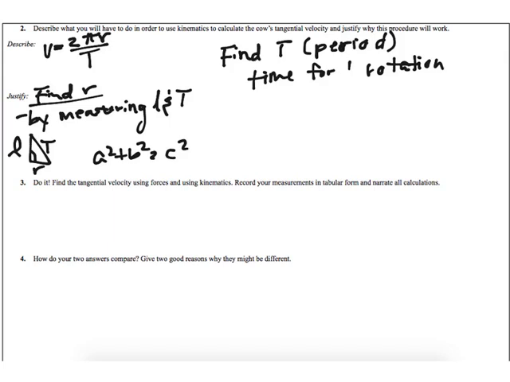It's really hard to get the time accurately when it's going quickly and you have a small period of time to do it in. So, get it? Period of time. Anyway, so you need to let it go more than one rotation.